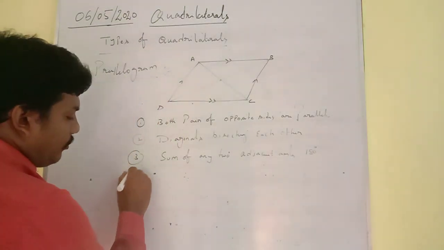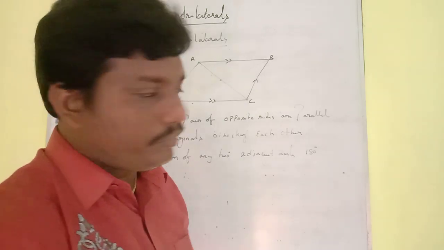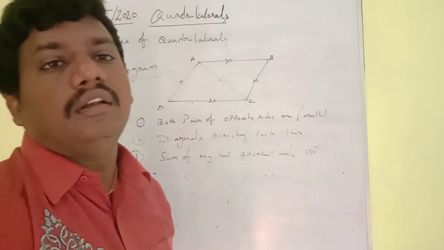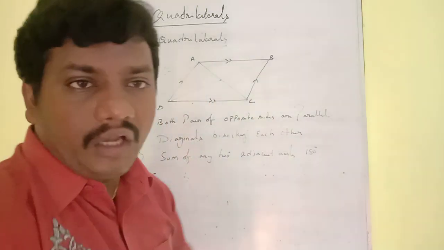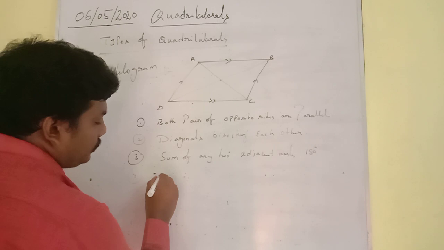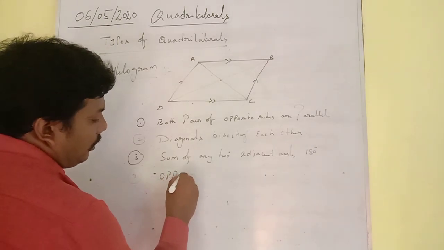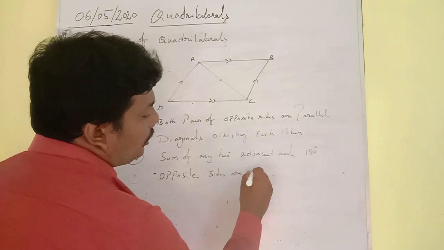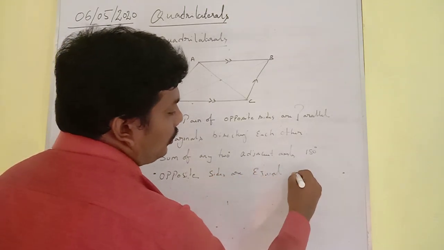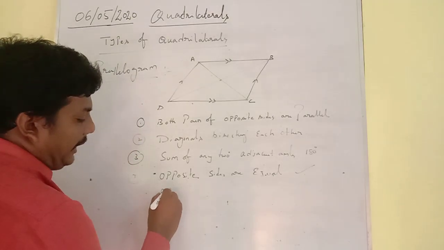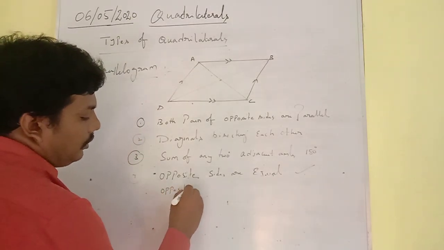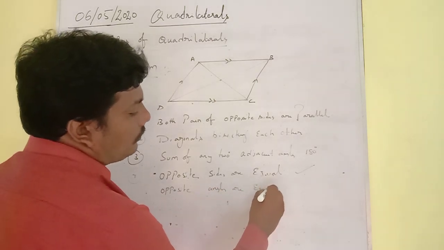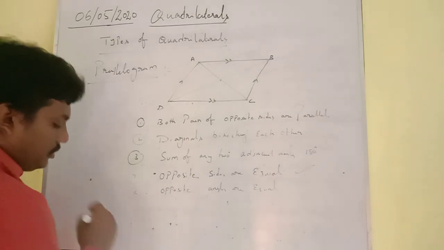And a very important point: both pairs of opposite sides are parallel and equal. Opposite angles are also equal.